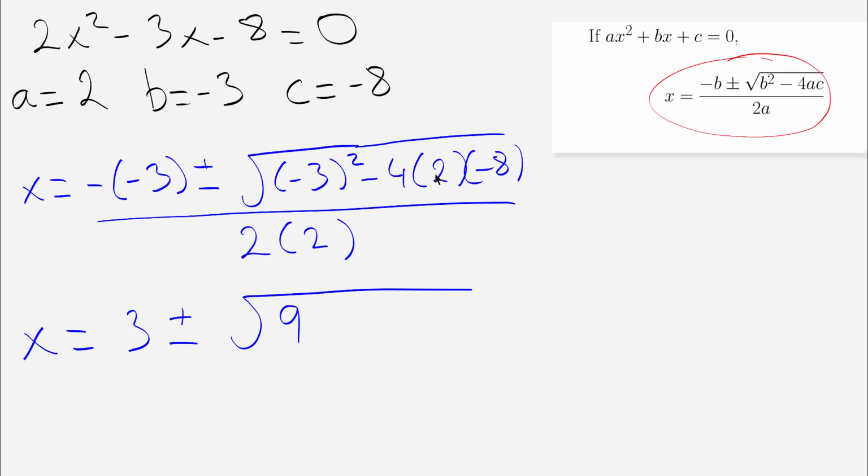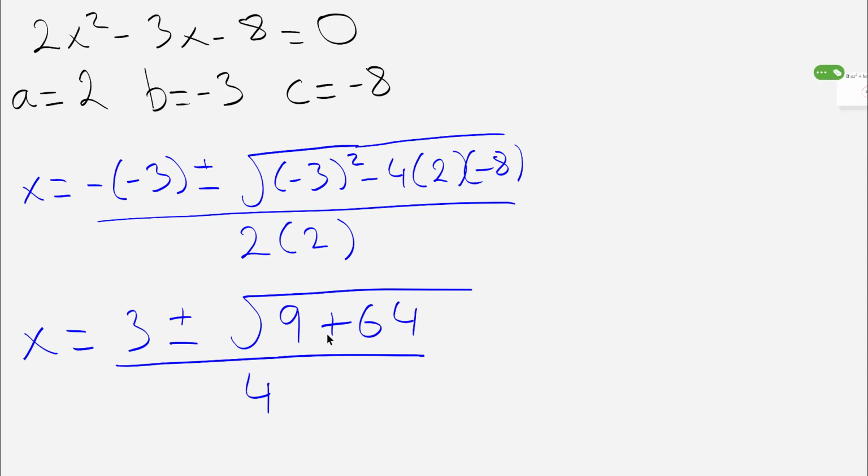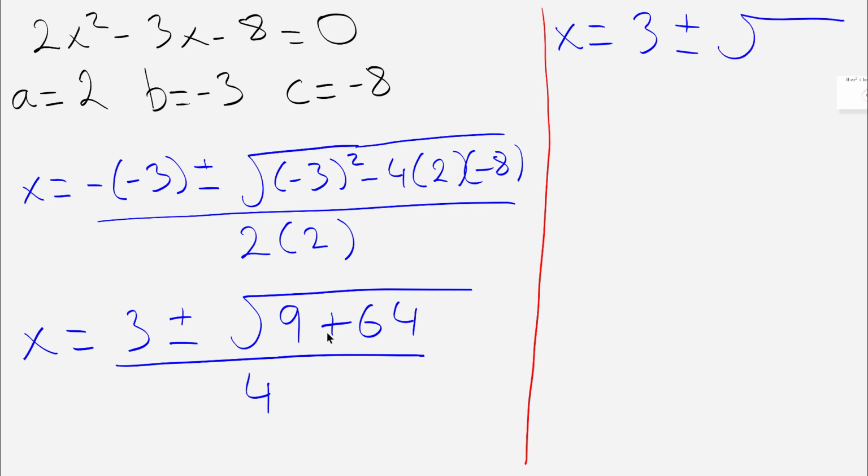So minus 4 by 2 is minus 8, and minus 8 by minus 8 is plus 64, all over 2 times 2, which is 4. So we've got x equals 3 plus or minus the square root of 9 plus 64 all over 4. So next line, x equals 3 plus or minus the square root of 73 all over 4.